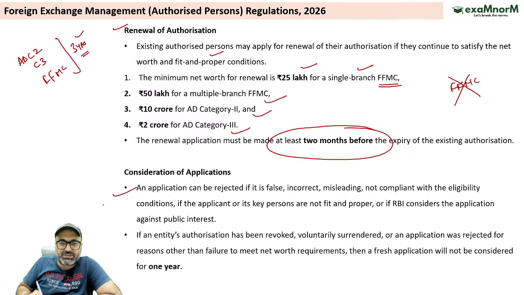Consideration of the applications: an application can be rejected by RBI if it is false, incorrect, misleading or not compliant with the eligibility criteria given by RBI.